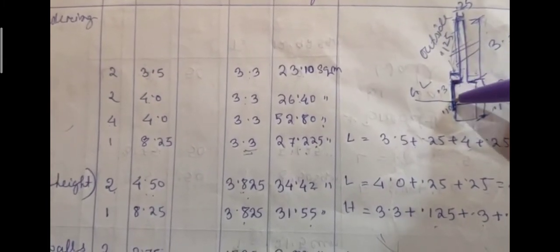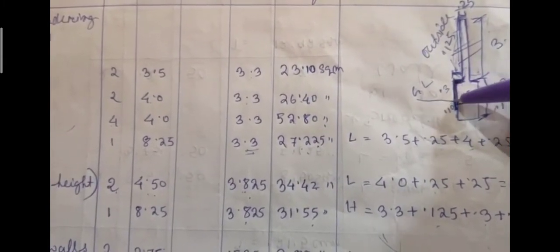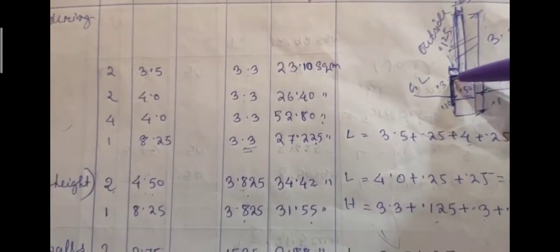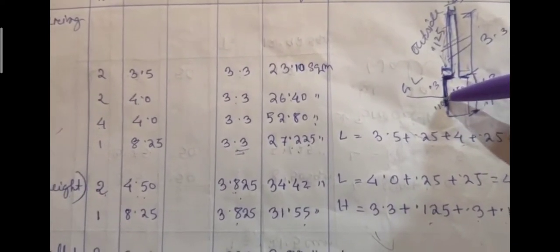Again from this point to the ground level it is 0.3, it is already given in the question. And we will always consider 10 centimeter below the ground level. Always when we consider outside plastering, we'll take 10 centimeter below ground level also.